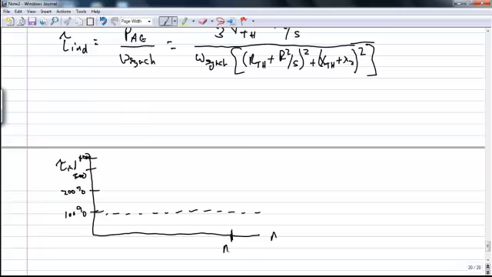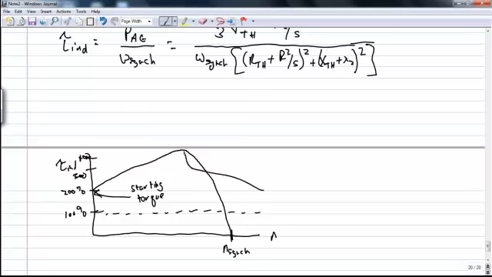And out here somewhere we have the synchronous speed. And we're going to get something like this. So this point here is the starting torque. When the speed is 0, that's the torque that we get. This maximum, again, is the pull-out torque. Beyond the pull-out torque, the motor is going to stop, and then we see that we produce 0 torque at the synchronous speed.